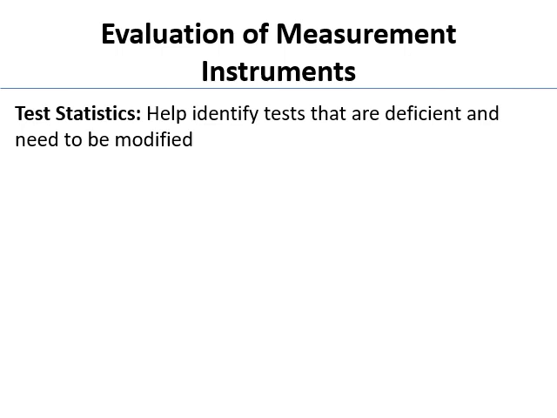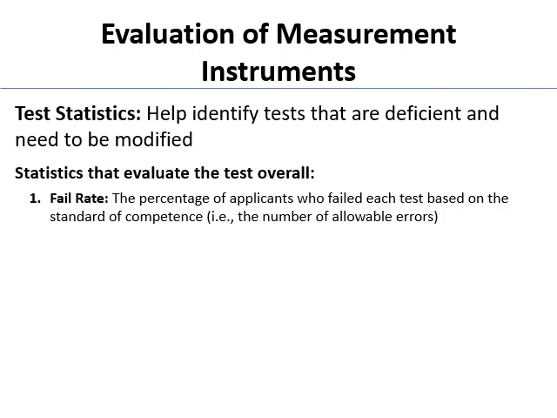So let's talk about test statistics first. So test statistics help you identify tests that are deficient. So it helps point out tests that have got some problems, so you're going to need to fix the items, really. So statistics for the test evaluate the test overall. You've got your fail rate.